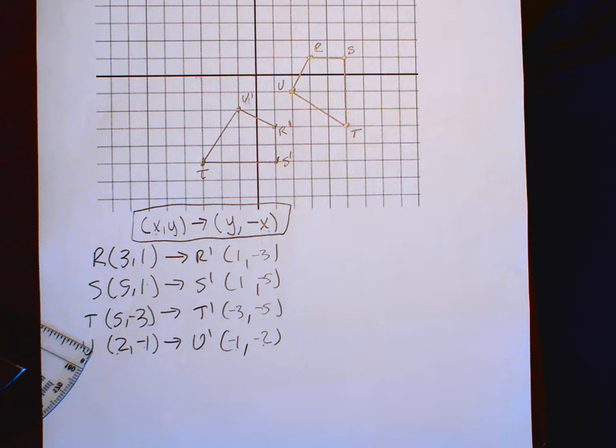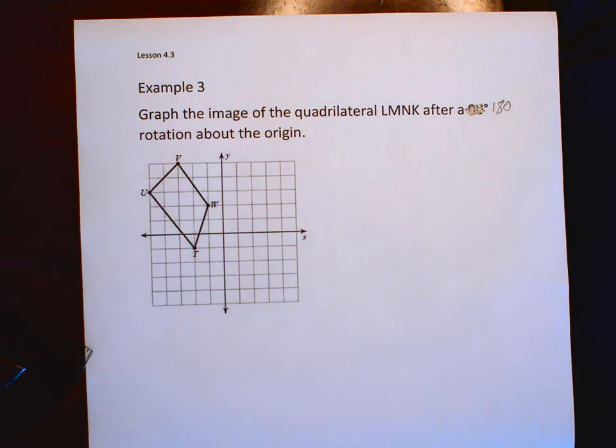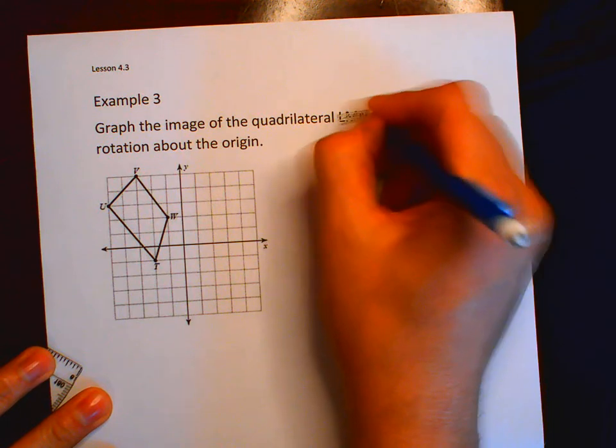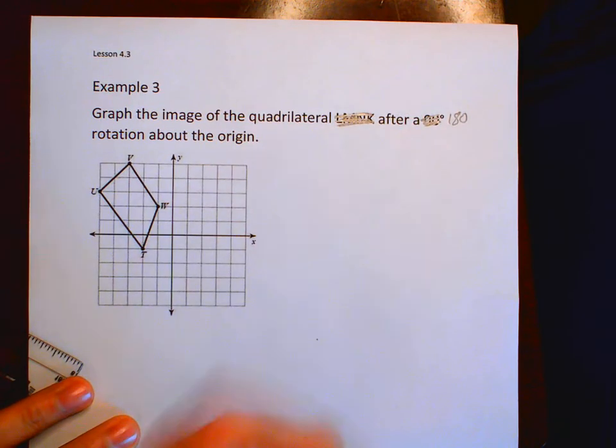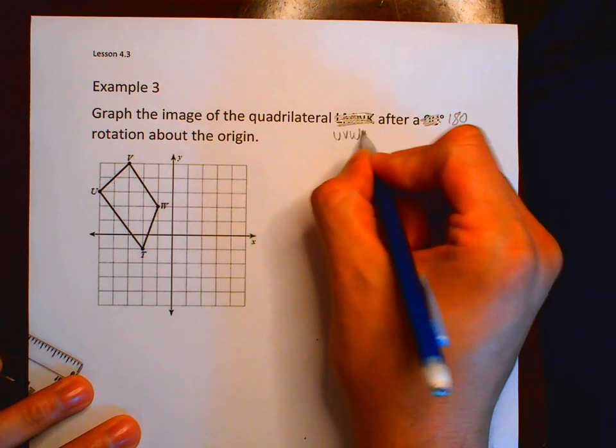Okay? All right. So let's take a look at our next example. Example number 3. We have the following polygon, and I totally forgot to change the name of that. It is not called that, guys. I am so sorry. It's UVWT or TUVW.